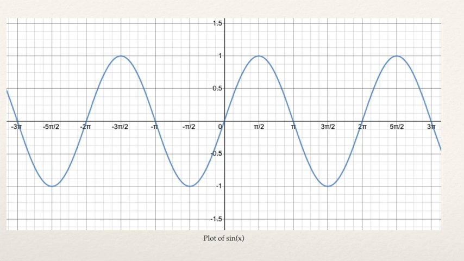Now from the graph you can see at x equal to 5 pi by 2 you will get the same output, that is 1, and again at x equal to minus 3 pi by 2 you will get the same output 1. If you check the difference of 5 pi by 2 and pi by 2, you can see the difference is 2 pi.